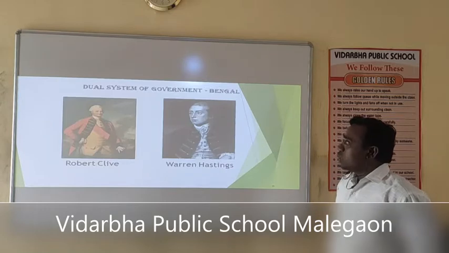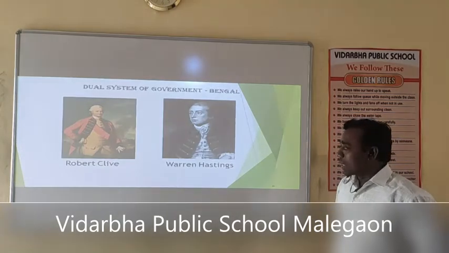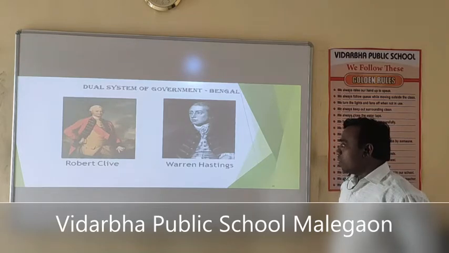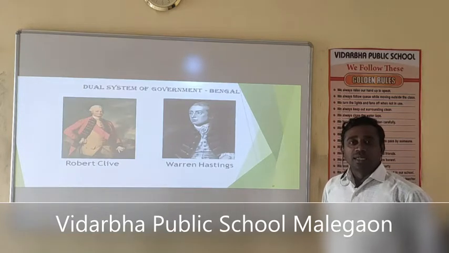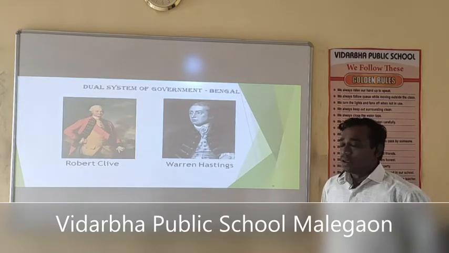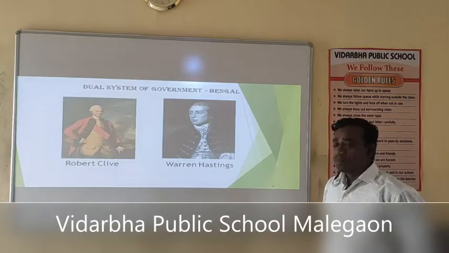So first, the dual system of government, which was introduced by Robert Clive, and till Warren Hastings it was continued. Now you should remember that the Battle of Plassey and Battle of Buxar were fought under the leadership of Robert Clive.